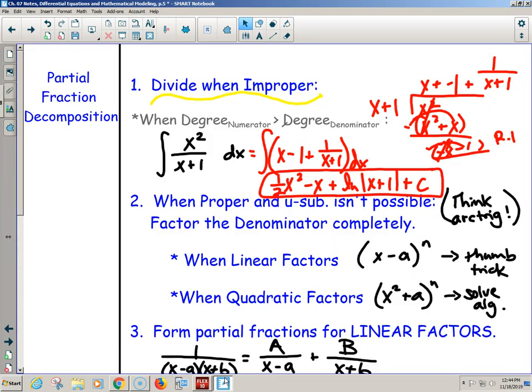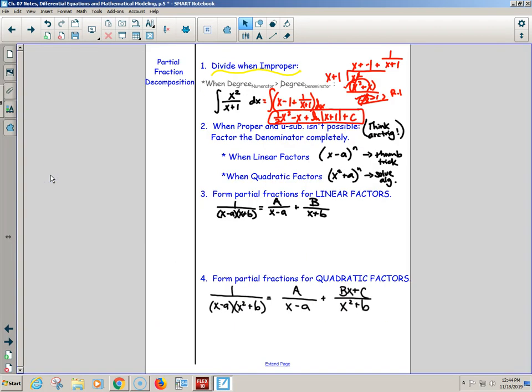Okay, if we get through that, what if we have divided? I do say think arc trick. Just make sure it's not arctangent.